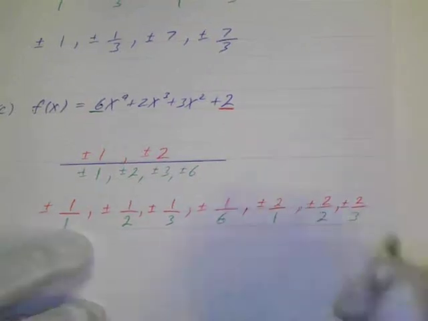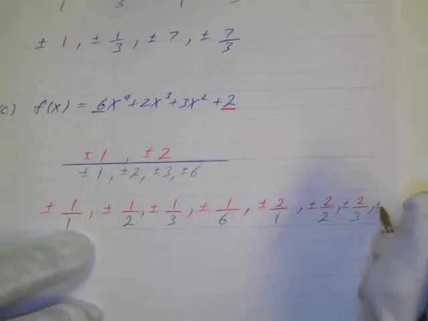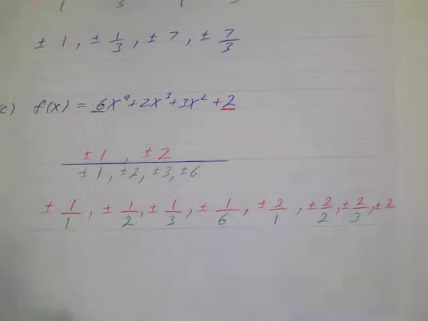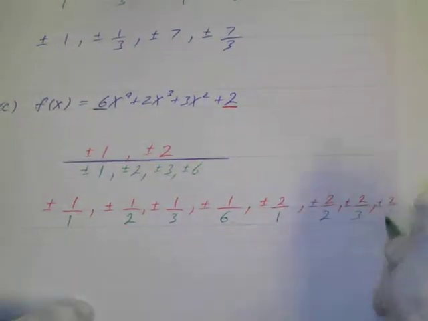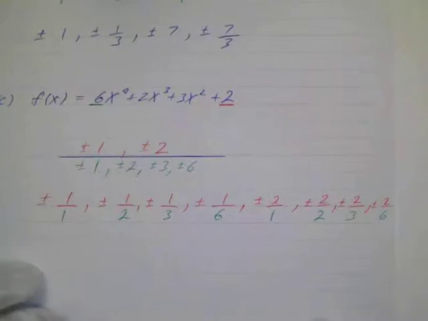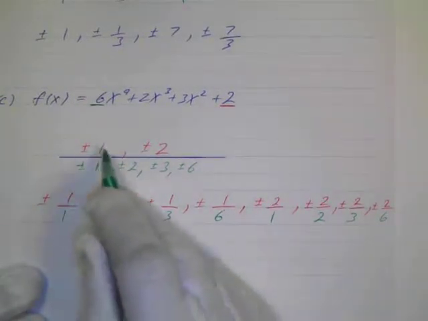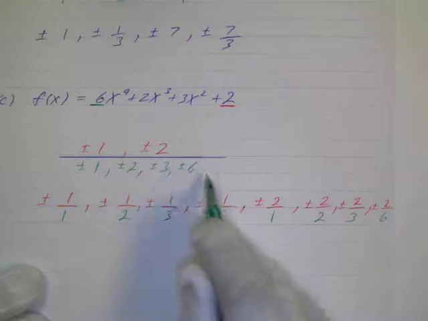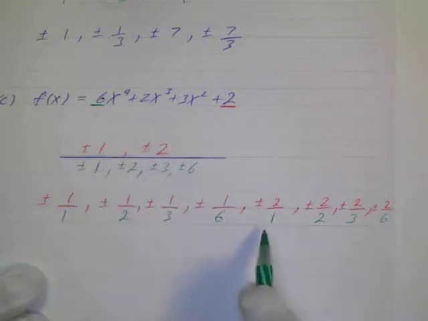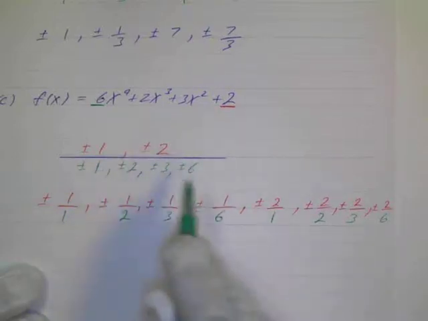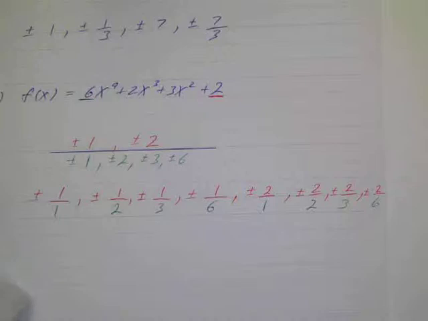And last, plus or minus 2 over 6. Okay, so plus or minus 1 over 1, 1 over 2, 1 over 3, 1 over 6, and plus or minus 2 over 1, 2 over 2, 2 over 3, 2 over 6, and then simplify whenever you can.